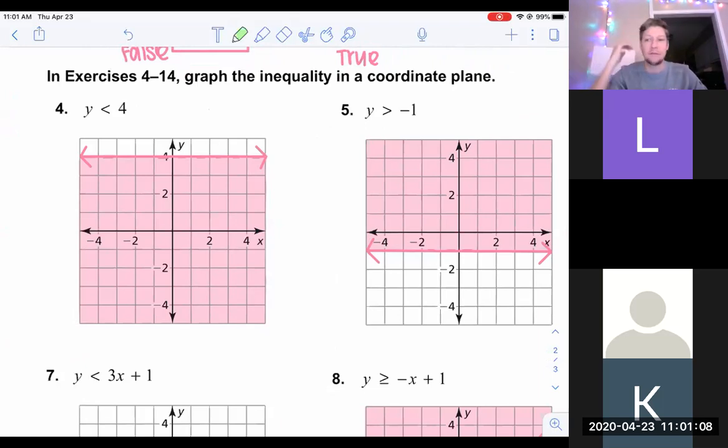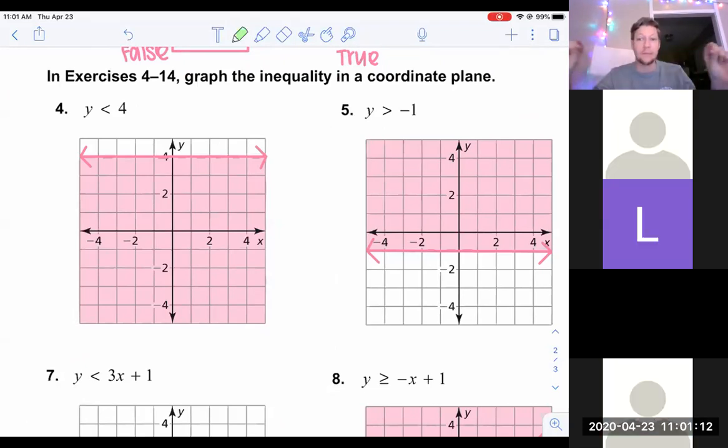So that's why we have to use a dotted line. The line itself is the boundary, and sometimes the boundary can be included as a solution. If we have that little line underneath it, it's a less than or equal to. But in this case, we have to use a dotted boundary line because the line itself does not contain solutions. The line is on y equals 4, and if y is 4, then we do not get a solution. We get a false statement.